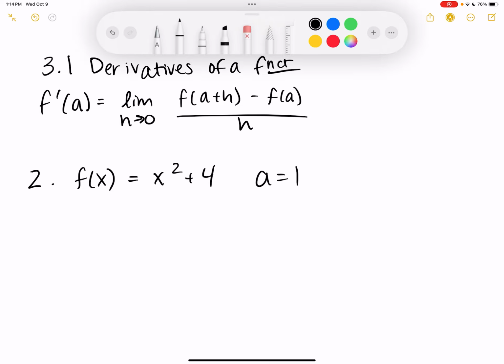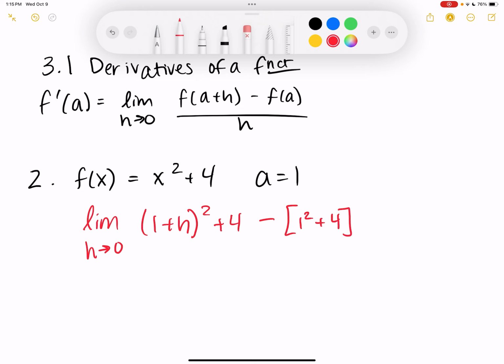So just to review, whenever we have an x, we put x plus h in there for x. So here I'm getting ready to put 1 plus h squared plus 4 minus, in parentheses, 1 squared plus 4, all over h.